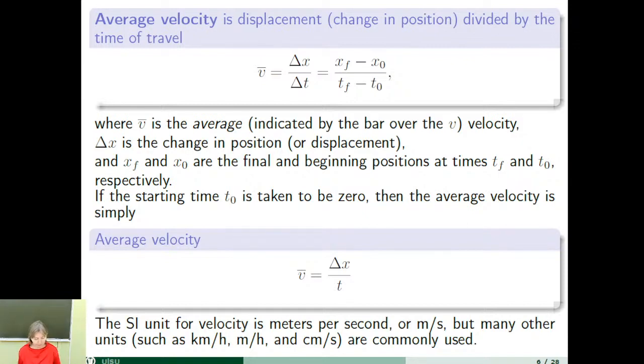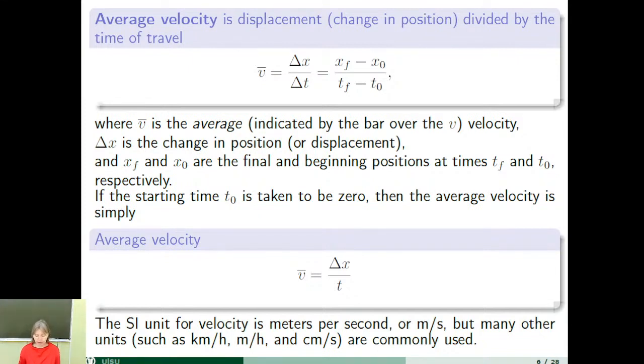Delta x is the change in position or displacement, and xf is the final and x0 the initial position at times tf and t0 respectively.